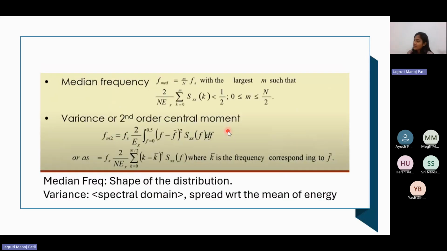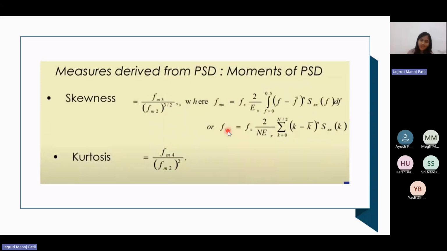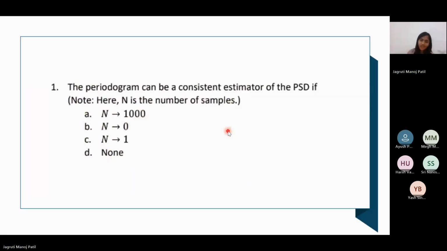If no further questions, then we'll go into the assignment. The periodogram can be a consistent estimator of the PSD if, here, n is the number of samples. Did we have anything about n over there, that n is say 1000 or 1 or 0? Option C, ma'am. Why C?